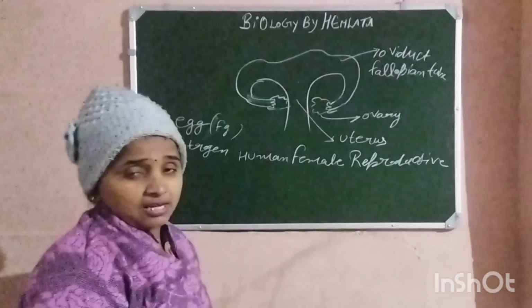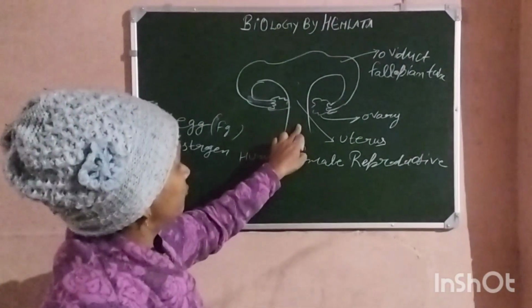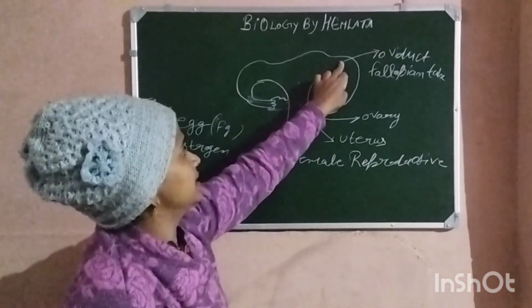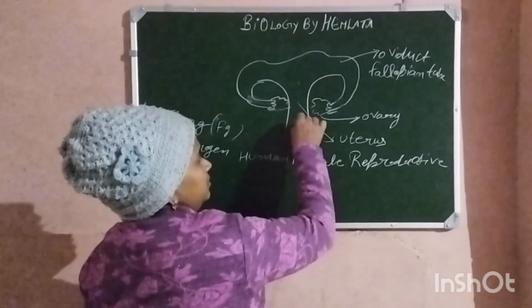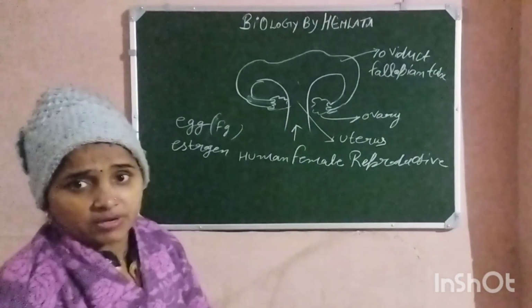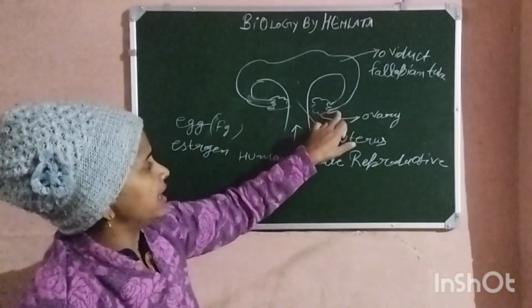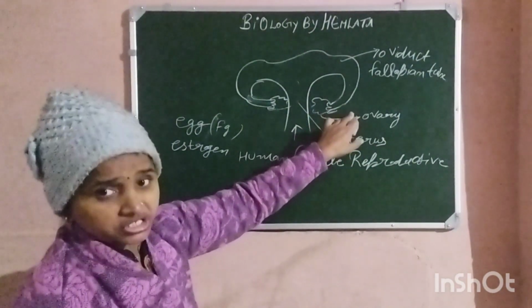If there is fertilization during sexual intercourse, the female gamete will fuse with the male gamete which is coming here, that will be sperm. During sexual intercourse, sperm will go there, and already the ovary has produced ova, and the process when the ovary produces ova is known as ovulation.